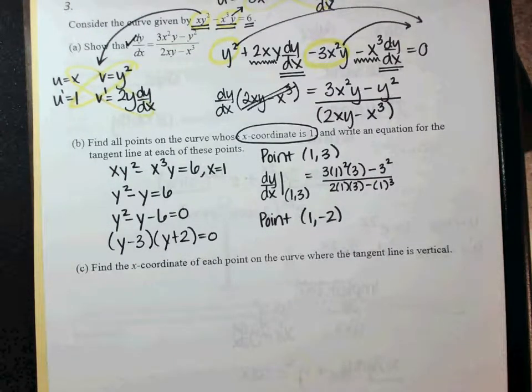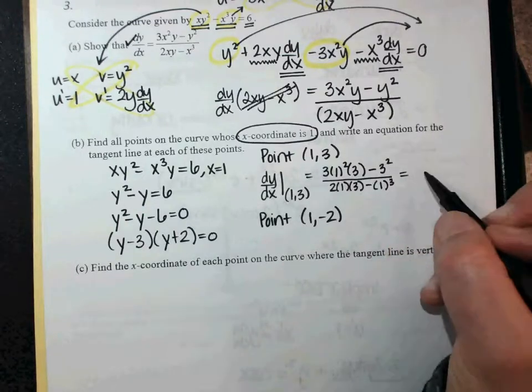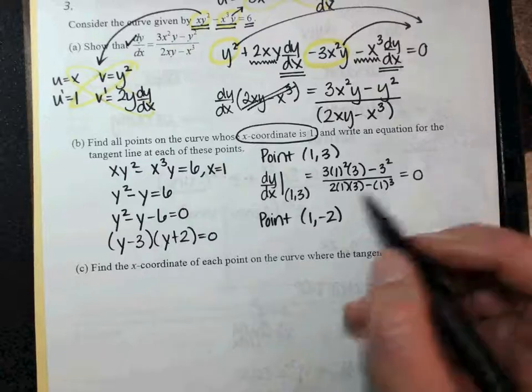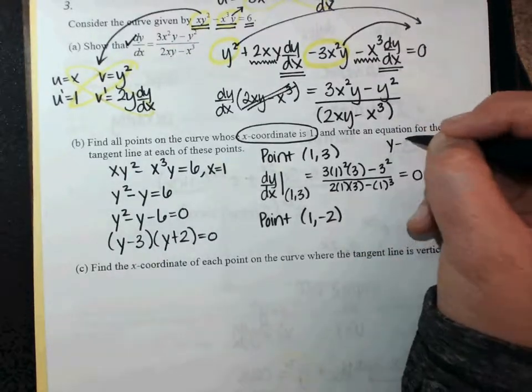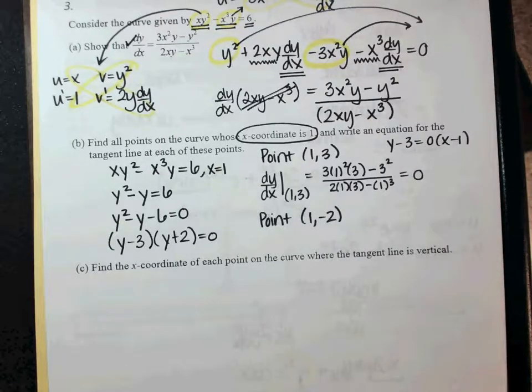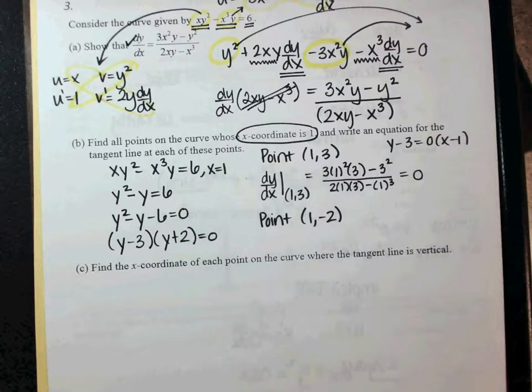What am I going to get? 9 minus 9 is 0. So that tangent line is going to come out pretty easy, right? If my slope is 0, it's y minus 3 equals 0 times (x minus 1). Now, if this side is a 0, you could just only put a 0 because the x minus 1 multiplied by 0 would cross out. But you don't have to, but you could.